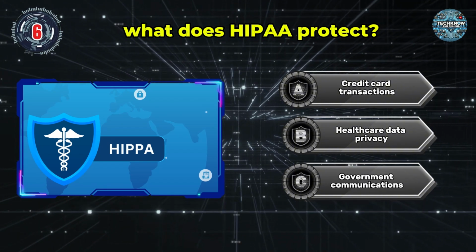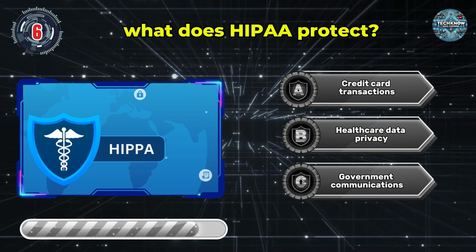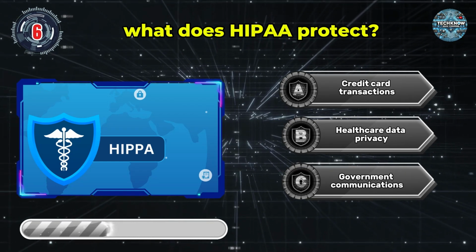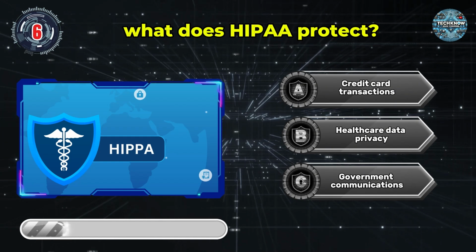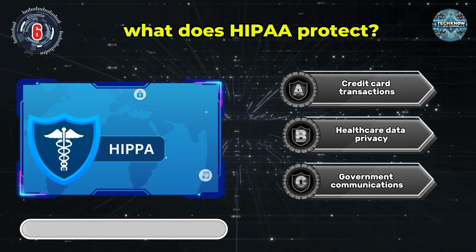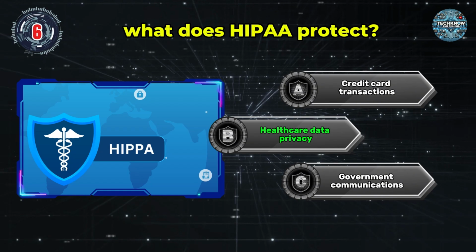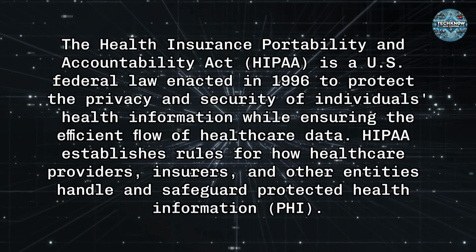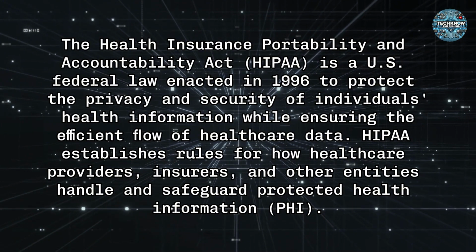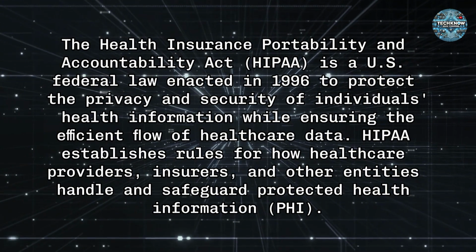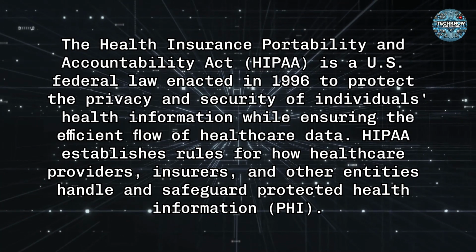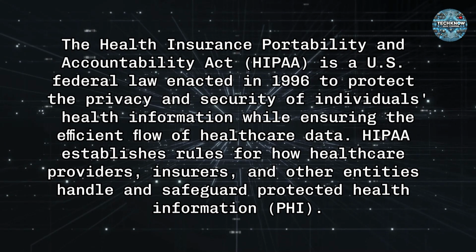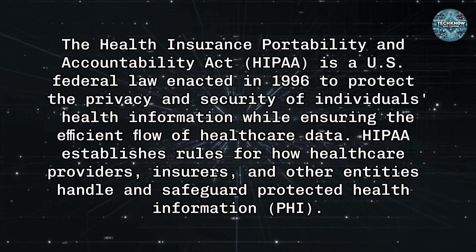What does HIPAA protect? Healthcare data privacy. The Health Insurance Portability and Accountability Act, HIPAA, is a U.S. federal law enacted in 1996 to protect the privacy and security of individuals' health information while ensuring the efficient flow of healthcare data.